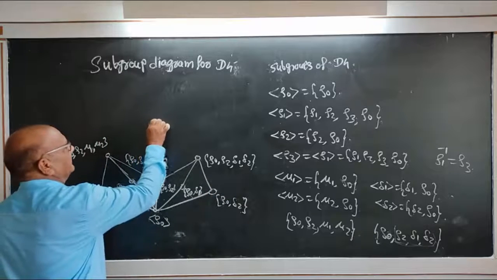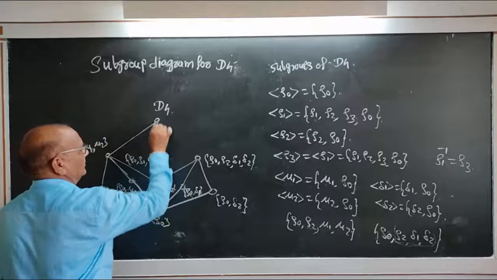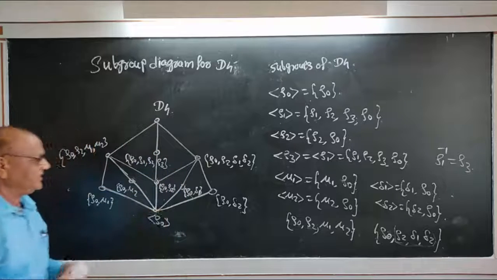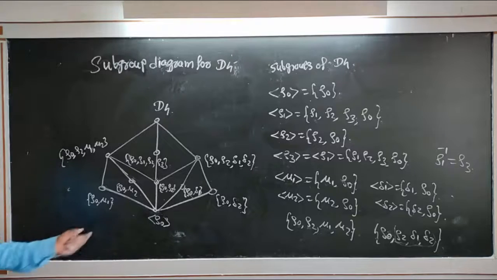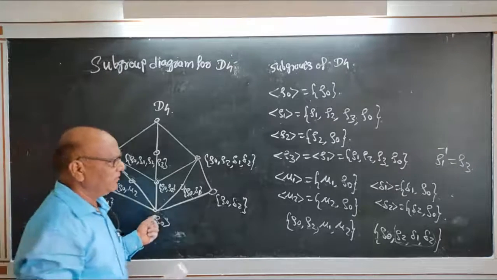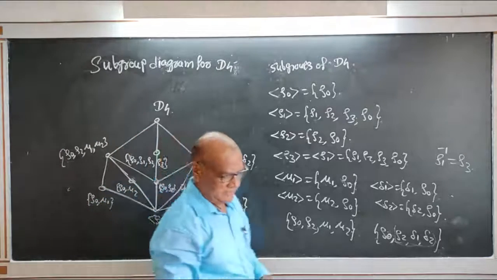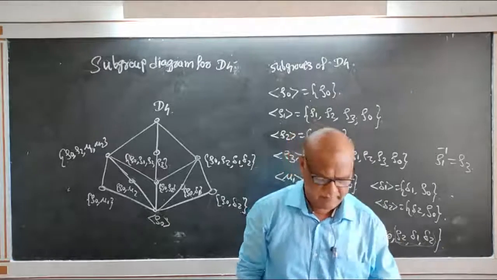And here D4, like this. This is the subgroup diagram for D4. Okay? We'll stop here. Thank you.